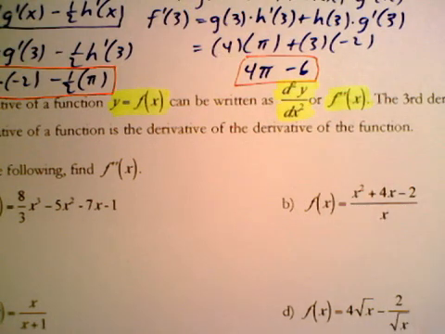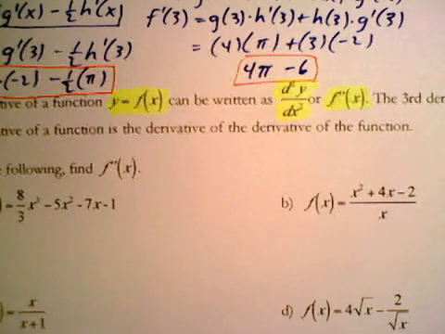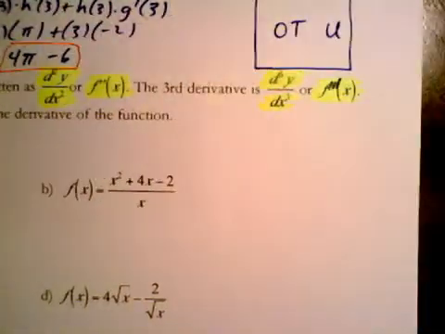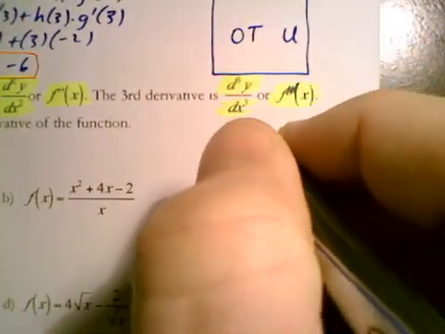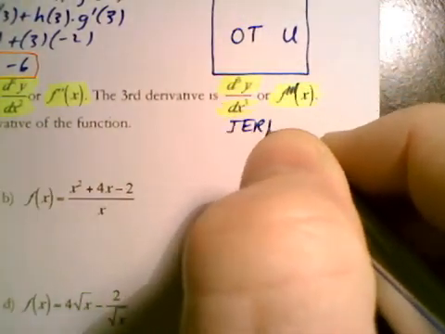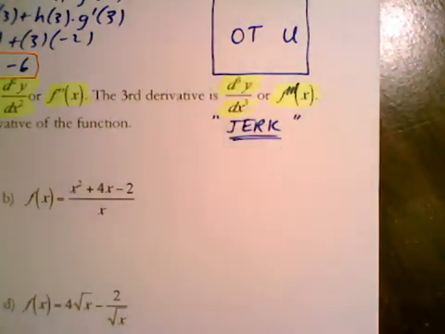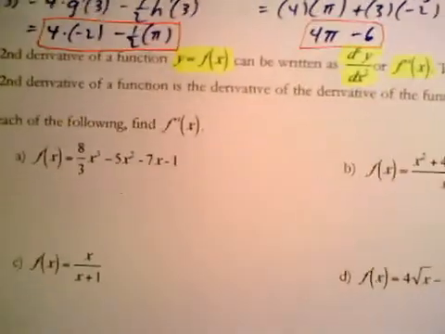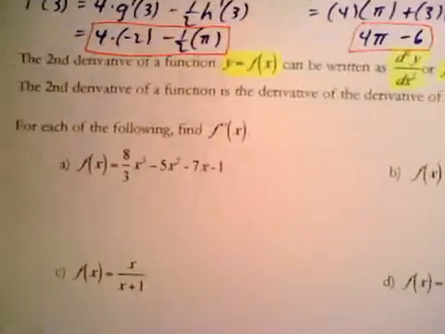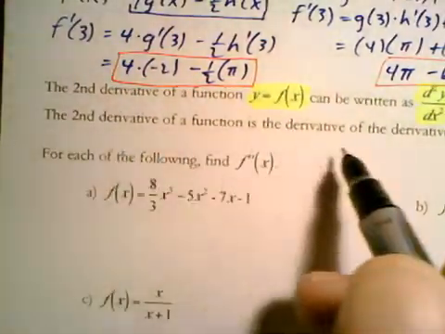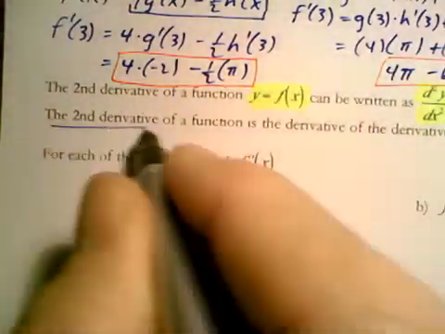So you're taking a derivative and just repeating that process. And by the way, something you probably don't know, the third derivative is called the jerk. We'll talk more about that when we get into section 3.4. The second derivative of a function is the derivative of the derivative, and it says that right there.